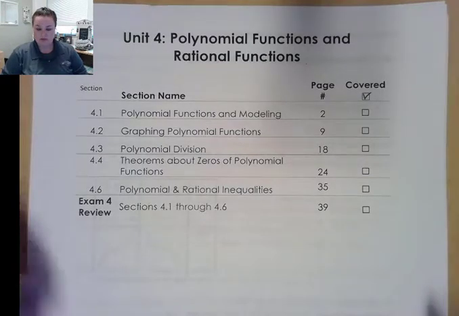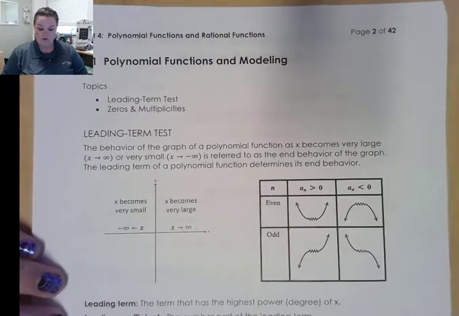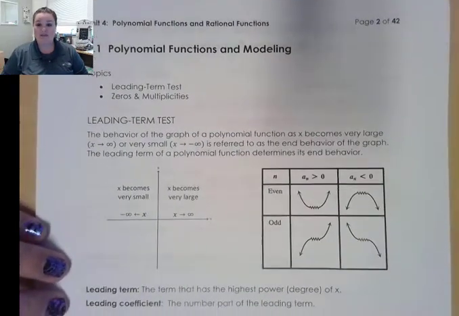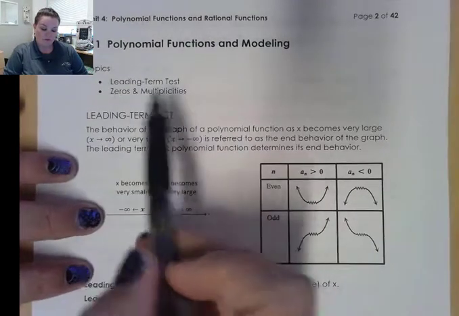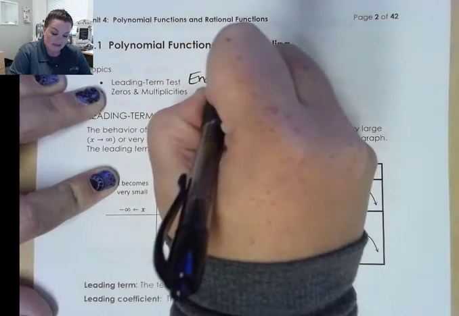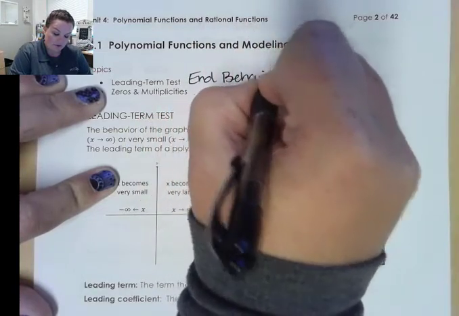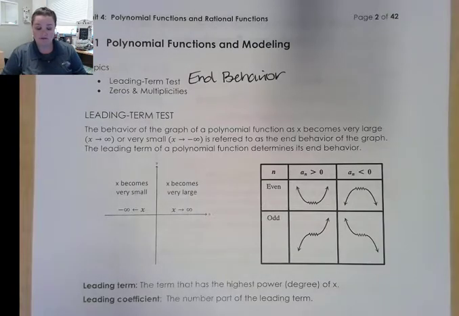Okay, so starting with section 4.1 today, we're going to look at the first couple of steps of being able to graph these higher order polynomials. The first one is conducting the leading term test. This is going to tell us the end behavior of our graph, which is important so that when we're graphing it, we can check ourselves, right?